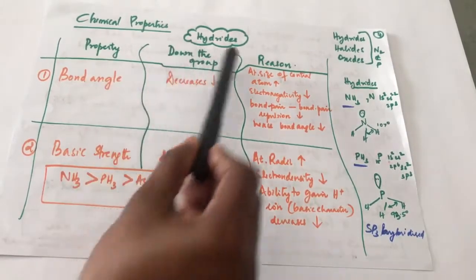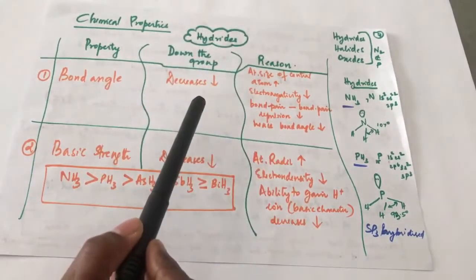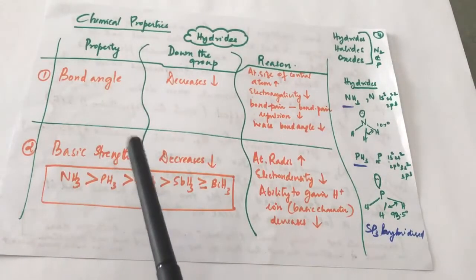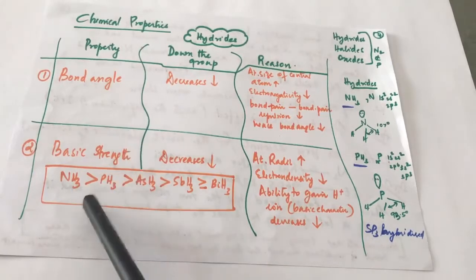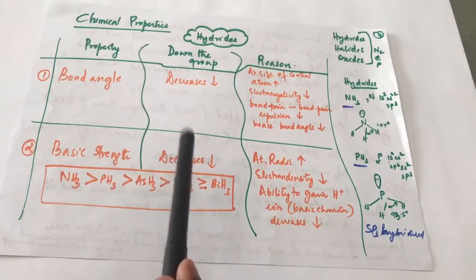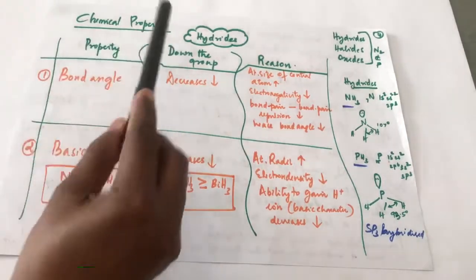When we talk of the chemical properties, we have to first talk about the reaction with hydrogen, because as you know, hydrogen is very abundant, isn't it? We have hydrogen present in the atmosphere, so we have to deal with the reaction of nitrogen or phosphorus with hydrogen in order to explain the chemical properties.